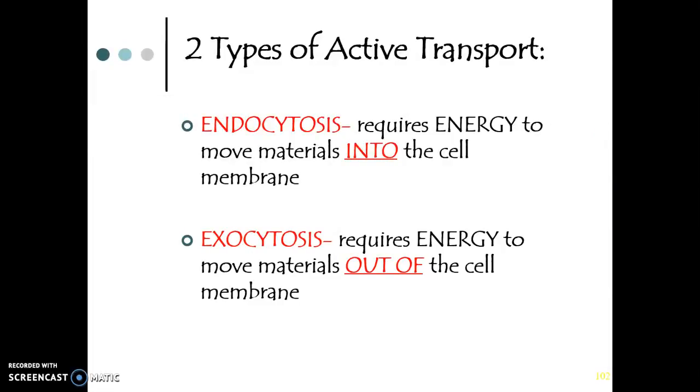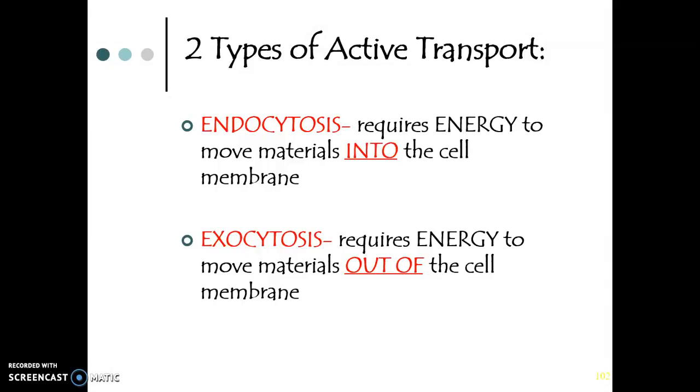There are 2 types of active transport based on which direction the molecule is going. So you have endocytosis: endo, one of our prefixes, which means within or inside, and cytosis, referring to the cytoplasm. So endocytosis is when a cell brings molecules inside.